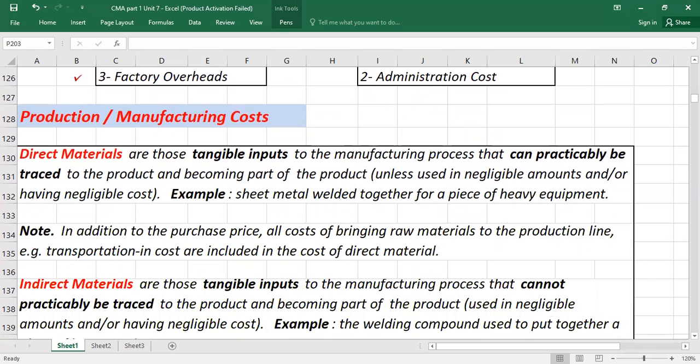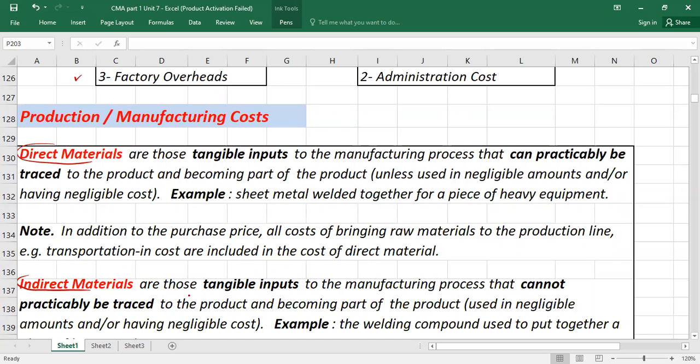So material cost, I can divide into two areas. One is called direct material cost, and second is called what? Indirect material cost. Material, for example, if you are manufacturing, maybe stitching shirts, so fabric is material, obviously thread is material, button is material. These are material, right?